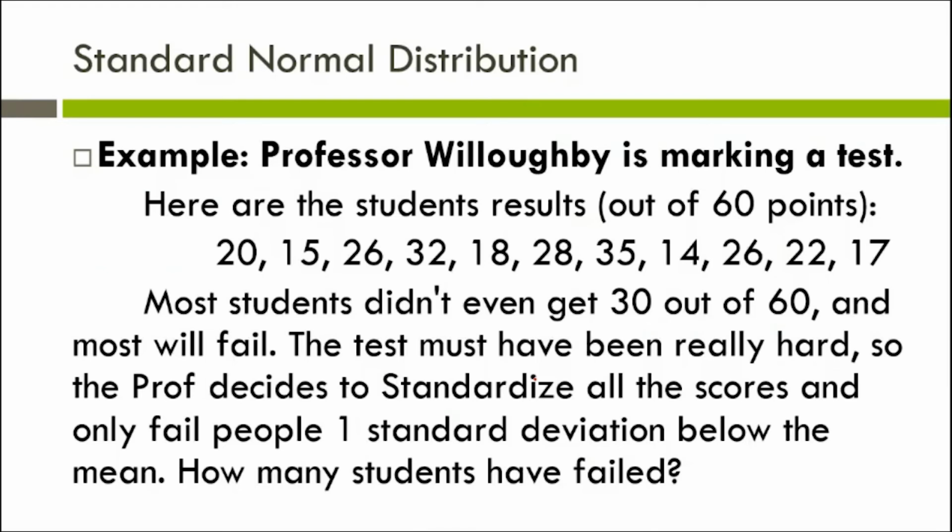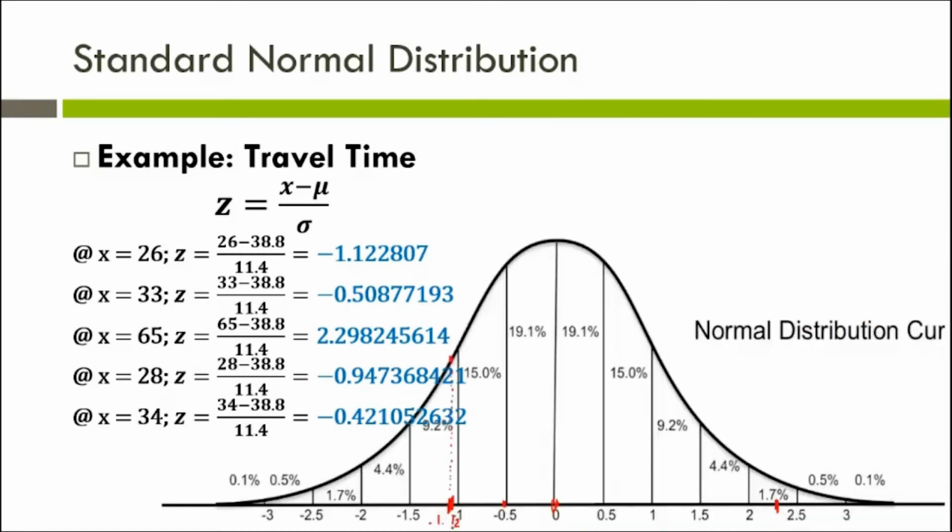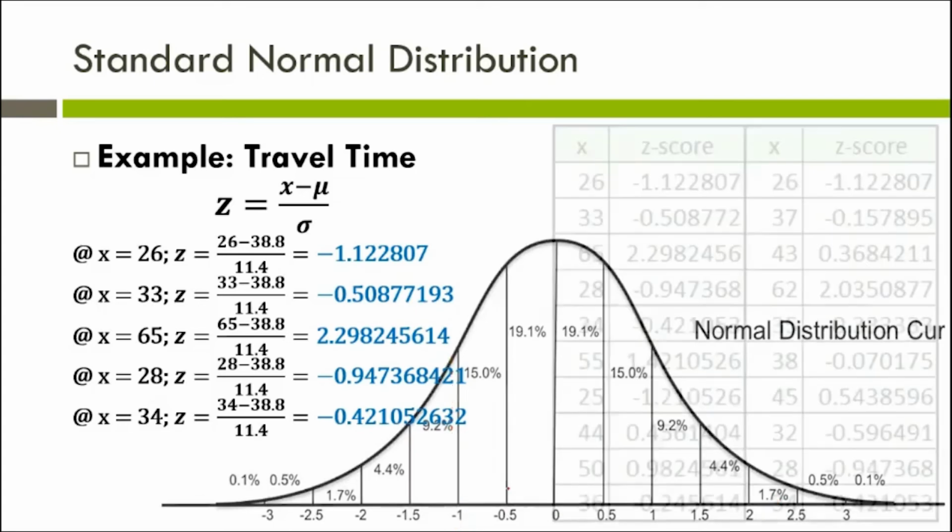So he decides to standardize all the scores and decided that he will only fail those students who are one standard deviation below the mean. So when we say one standard deviation, if we check our graph, that will be here. Below negative 1 standard deviation from the mean, the students will fail.